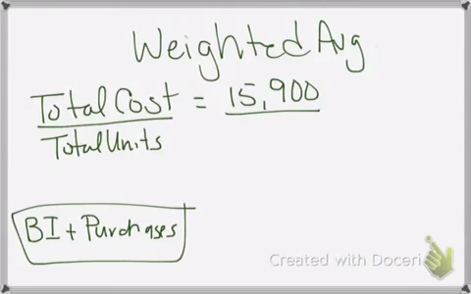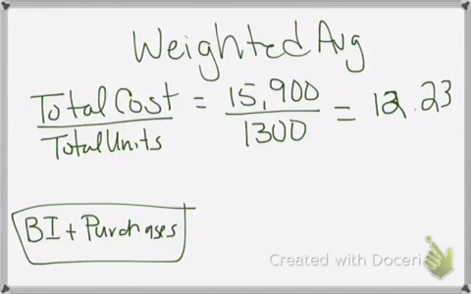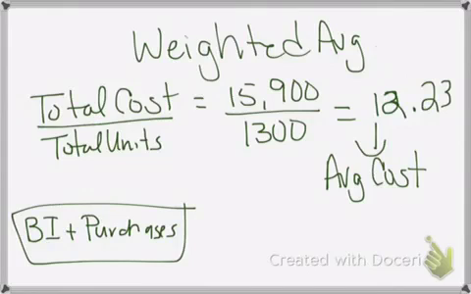And in this case, that is 1,300. And when we do this, this is going to give us an average cost of $12.23. So again, remember that this is an average cost, at $12.23.